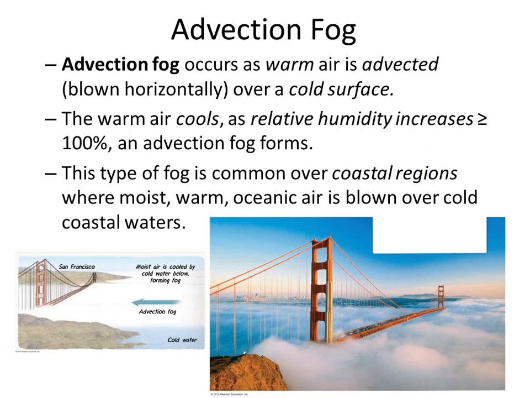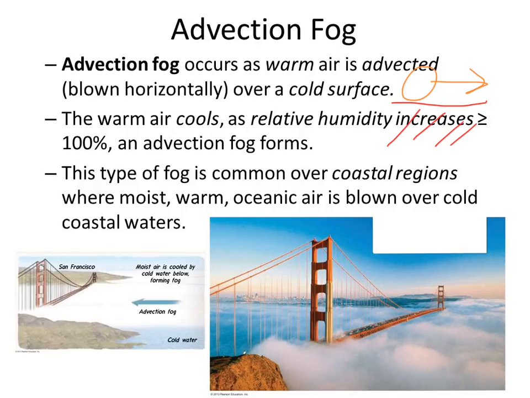This is advection fog. The word advect, I think of it as a verb, basically means to move horizontally. If I make this my Earth's surface, that little orange chunk I've shown advected.